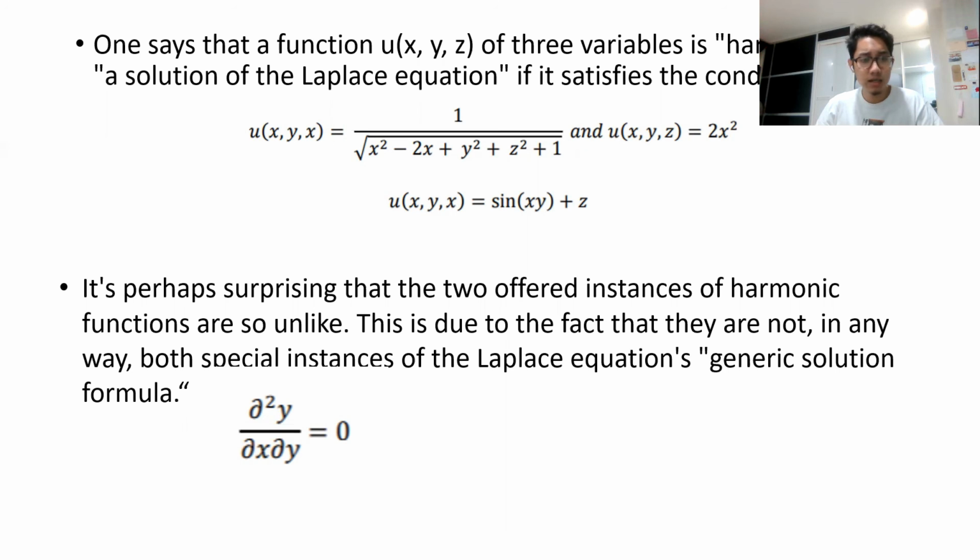As we can see in the formula at the lower part of our slide, it is a second order derivative, which is a partial differential: curly d squared y over curly dx and curly dy. Here, first we differentiate with respect to x, and second we differentiate with respect to y.